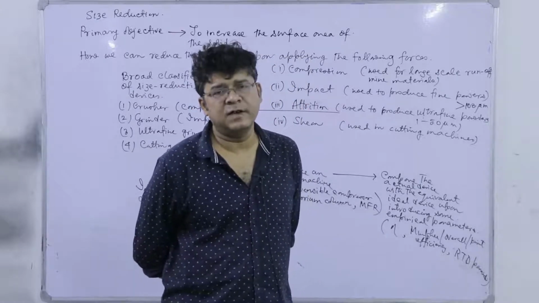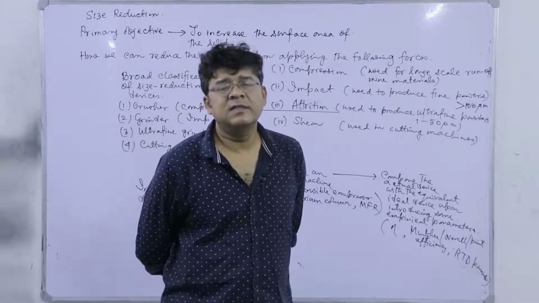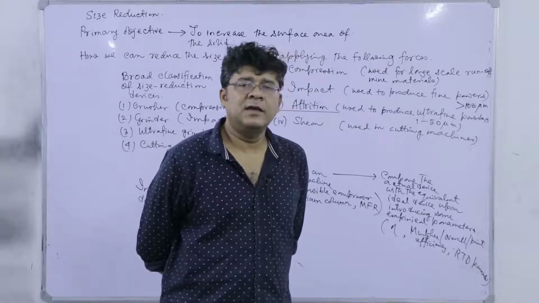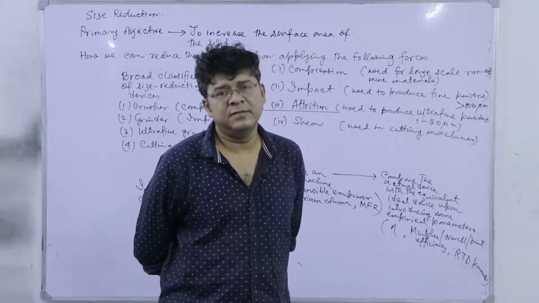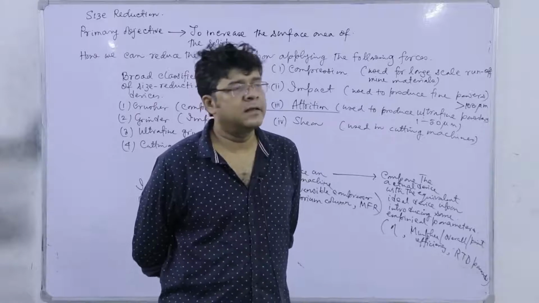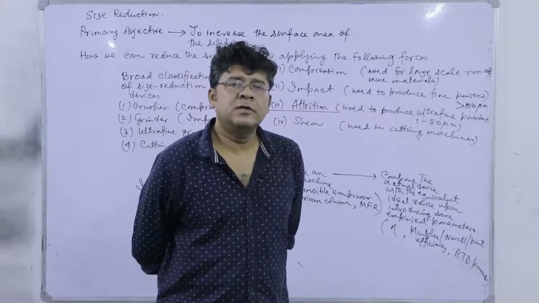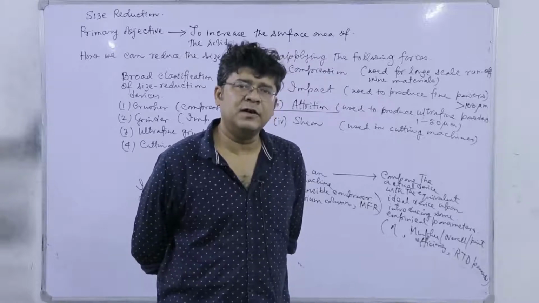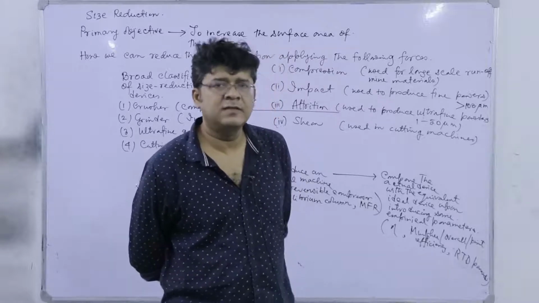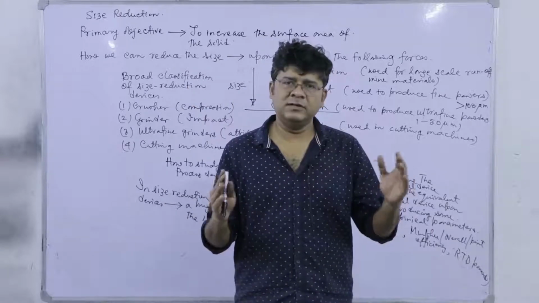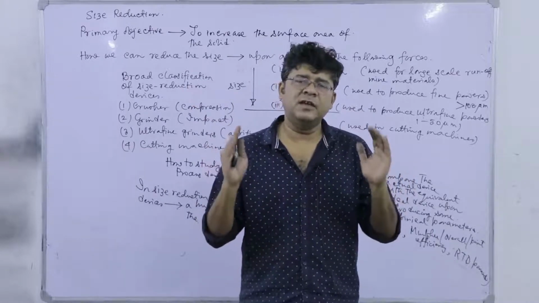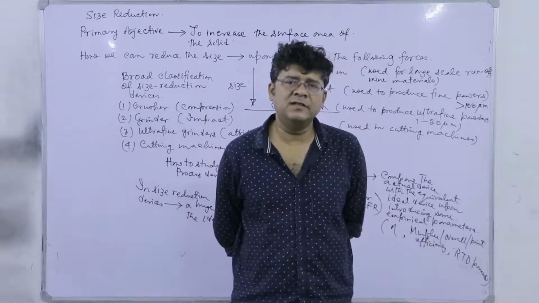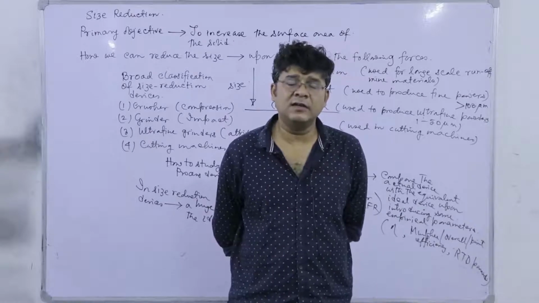We know how much surface area we have increased, and we simply multiply it by the specific surface energy, that is surface energy per unit mass, multiplied by the mass flow rate. So that must be the energy requirement for an ideal crusher or grinder.